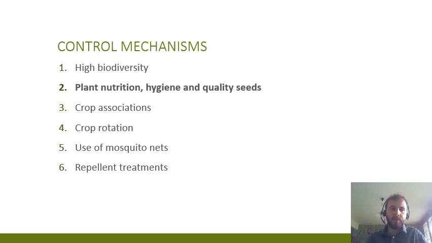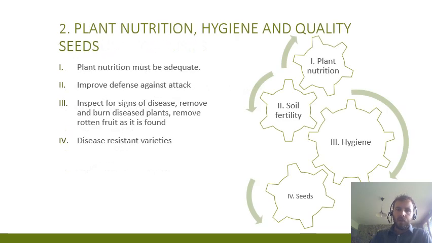A second aspect that we will talk about is plant nutrition, hygiene, and quality seeds. So it is important to have a plant in good health, which receives the good amount of nutrients. Otherwise it can be sick and its natural defenses will be lower, and it will have difficulty fighting the attacks of the pests or the disease.